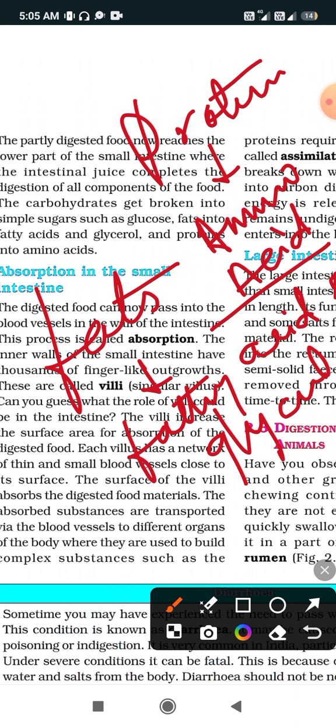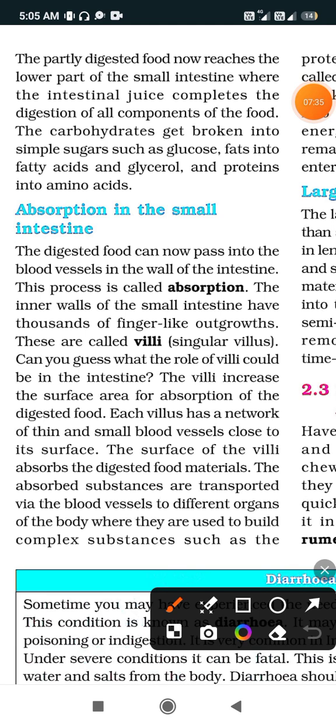Clear? Now see, student, how the absorption in the small intestine occurs. Now the digested food passes into the blood vessels. Whatever food was digested is passed into the blood vessels in the wall of the intestine. Clear?